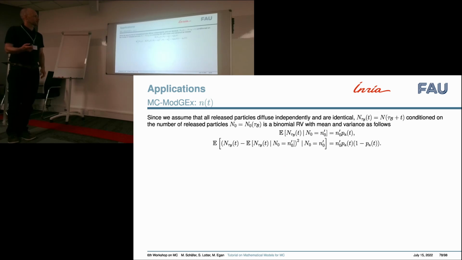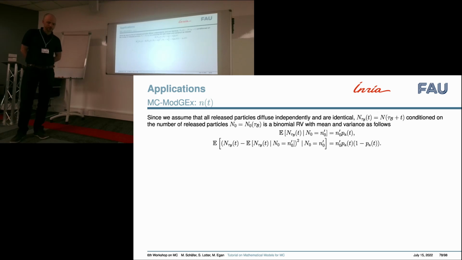Okay, and then of course we want to go a step further. So the next thing we want to consider is that the number of observed, or equivalently absorbed, molecules is a random variable, right? So we want to ask, what statistics does this random variable actually have?